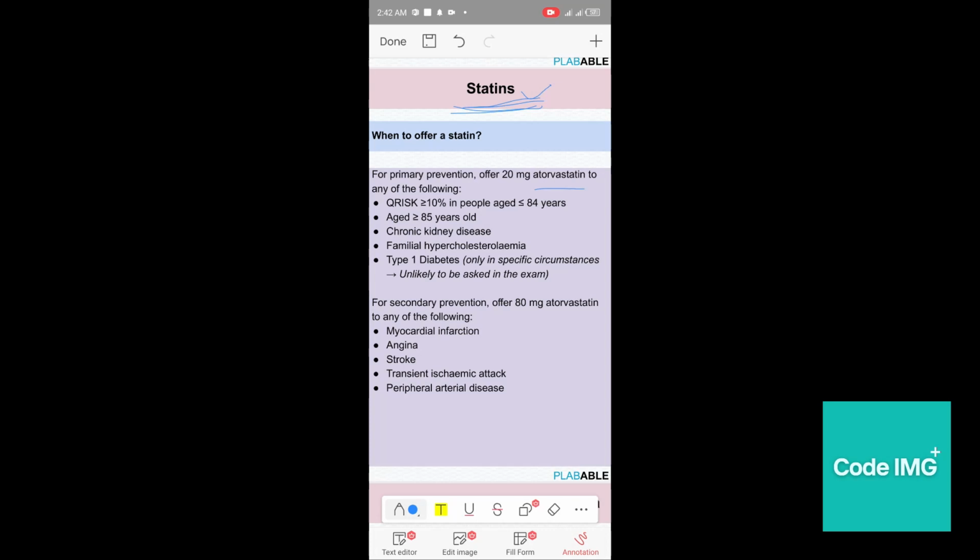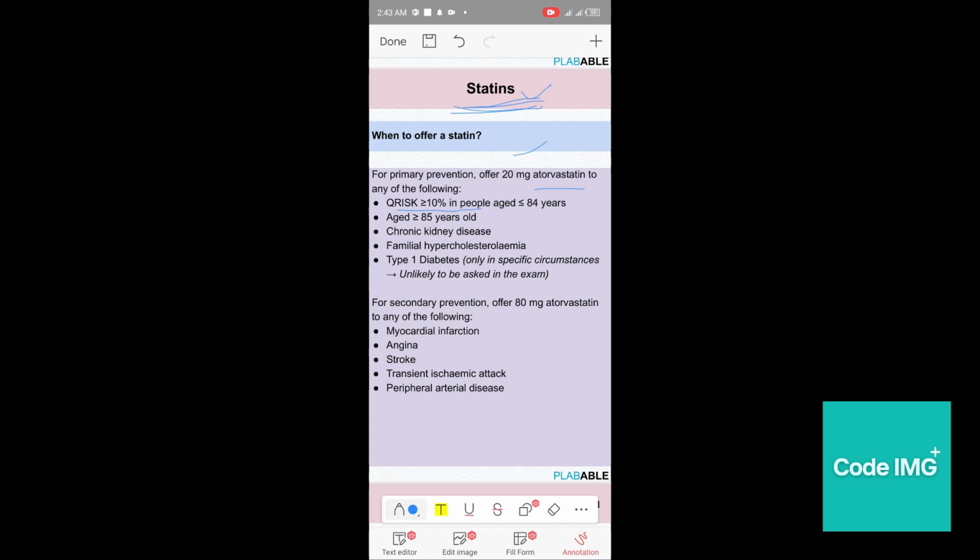But for those who are 84 and less, when considering statin for primary prevention, if the QRisk is greater than 10%, you give it. QRisk is a tool to calculate the chances of a cardiovascular event in this patient over the next 10 years. If the QRisk is greater than 10% over 10 years, you give atorvastatin 20 mg for primary prevention.